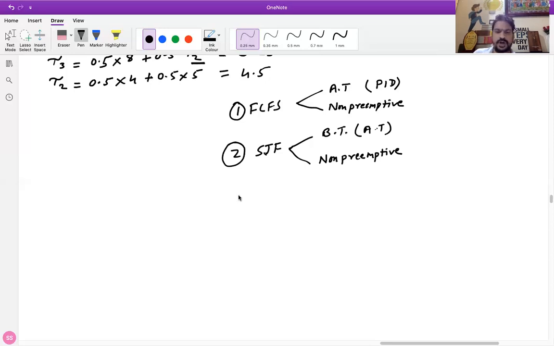To reduce the convoy effect, the third algorithm that we'll use is called shortest remaining time first.